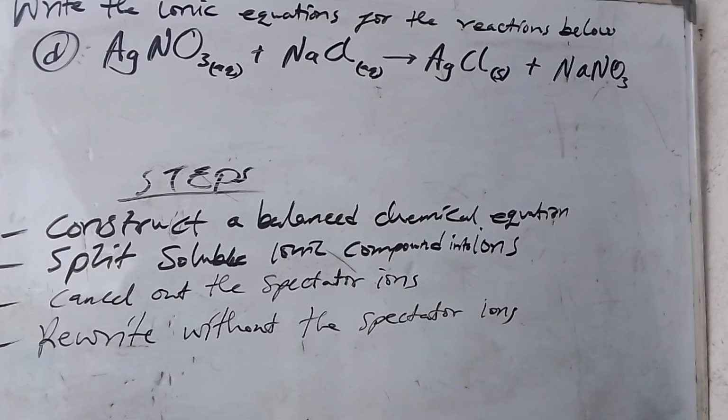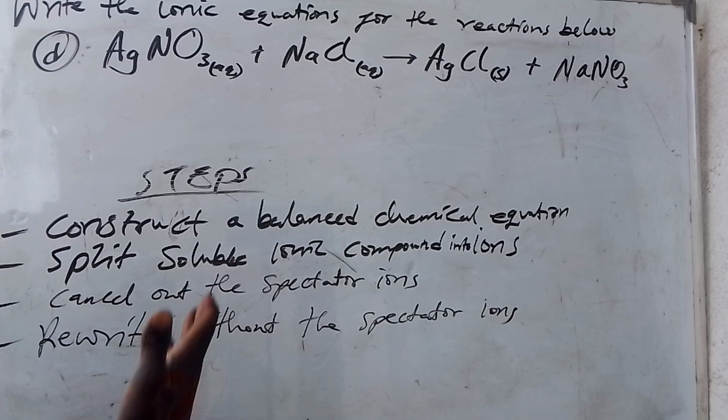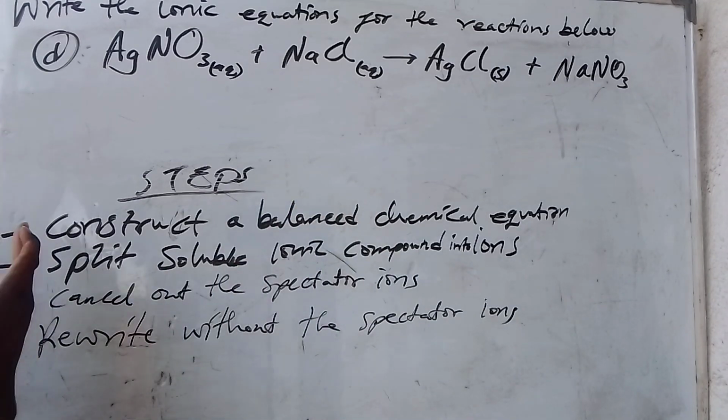The 4th example. Silver nitrate reacting with sodium chloride to produce silver chloride and sodium nitrate. Okay, so now, is the equation balanced? Because first step, balance the chemical equation.